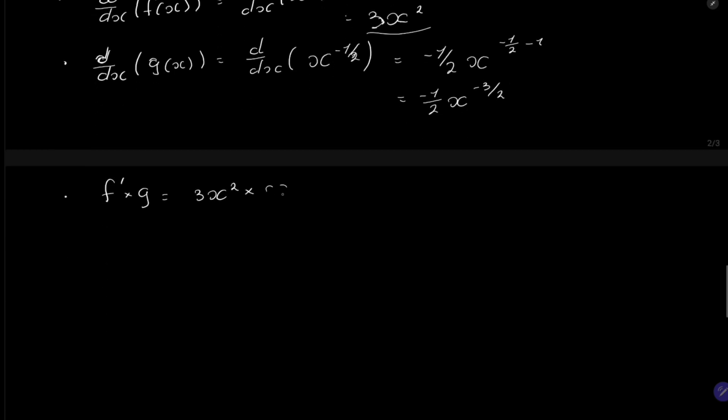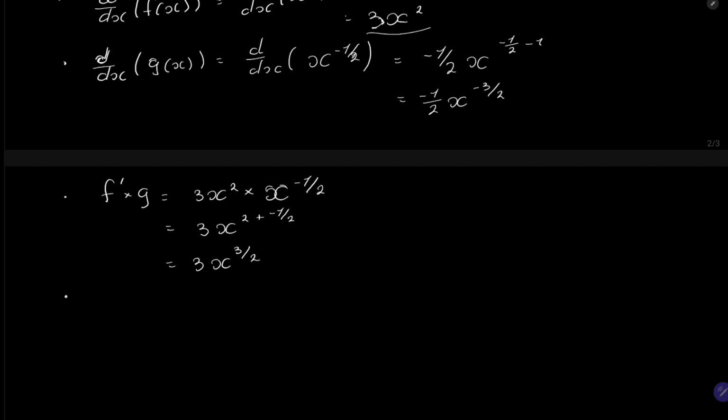Well, this is our f prime times g. We can simplify that as 3x squared times x to the negative half, which gives us 3x to the 3 on 2.